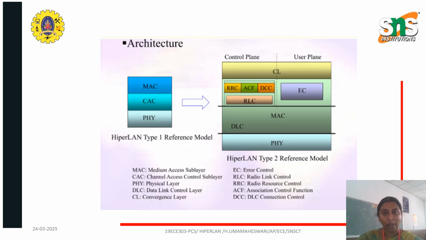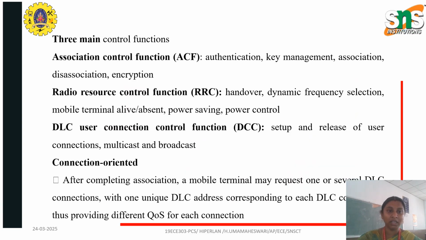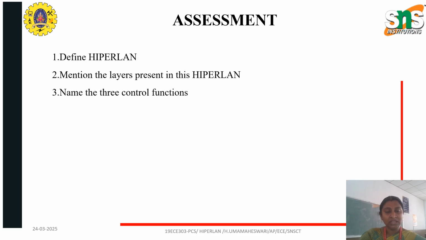As with HIPERLAN 1, it also has various layers used for data transmission. The main three control functions are the association control function, the radio resource control function and the DLC user connection control function. These are used for various processes such as authentication, handover, dynamic frequency selection and power control.